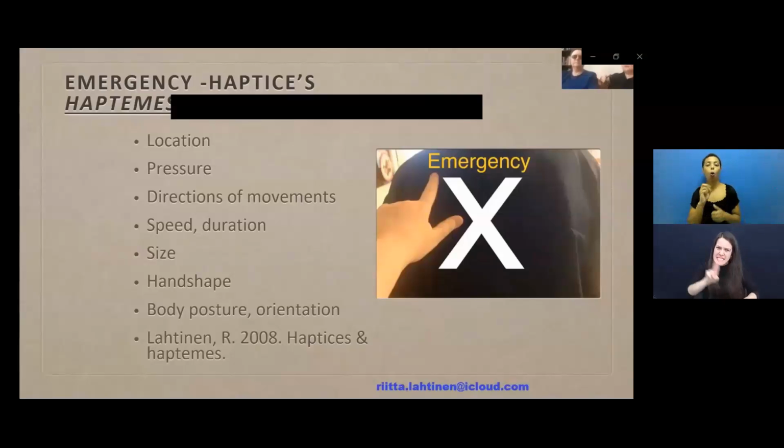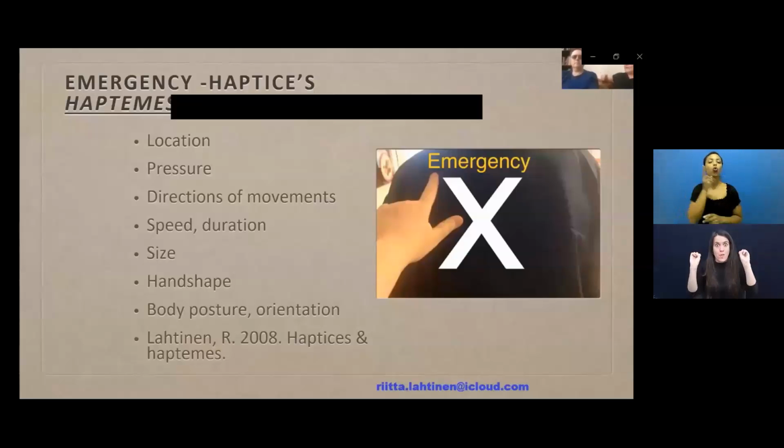Also the direction of movements, that has been agreed to be the shape of the letter X, which you can recognize. Speed and duration have to be recognizable. So if I do it too quickly, you probably don't recognize it. Size needs to be big enough for you to know that it's an emergency.